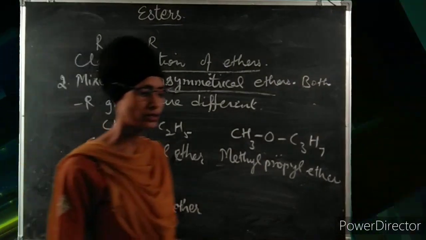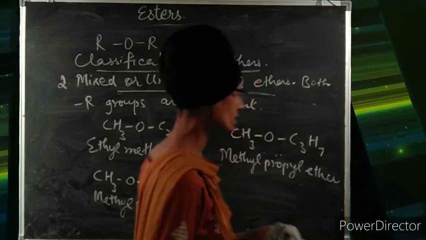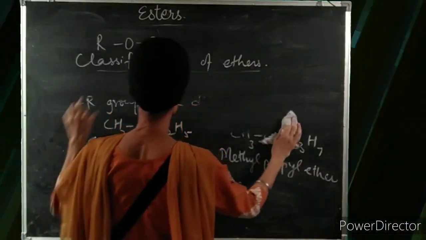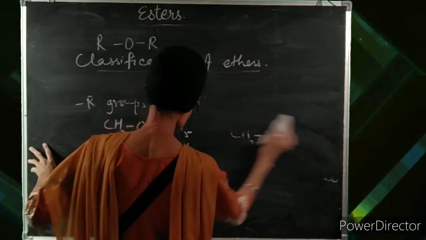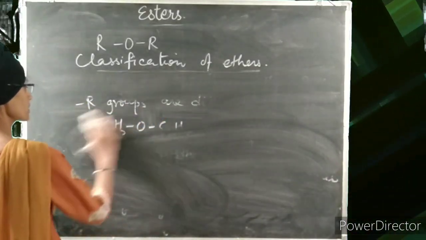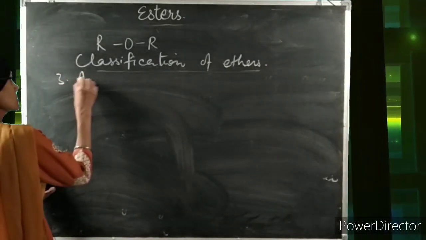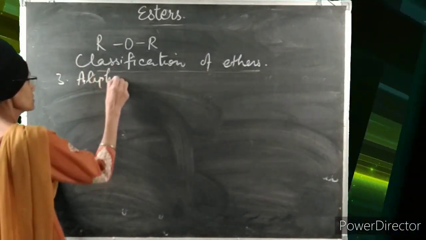Now coming to the third type, that is aliphatic ethers. Aliphatic ethers are those ethers in which both the alkyl groups are aliphatic chains. None of them is an aromatic ring.